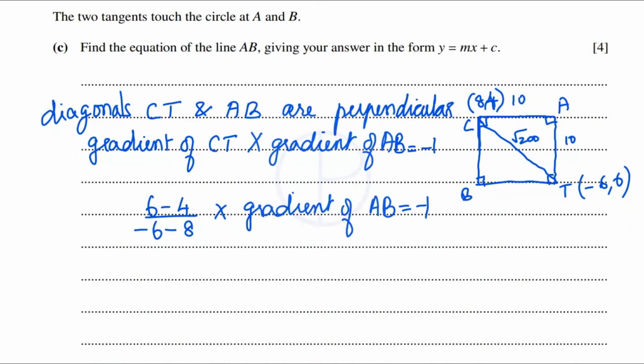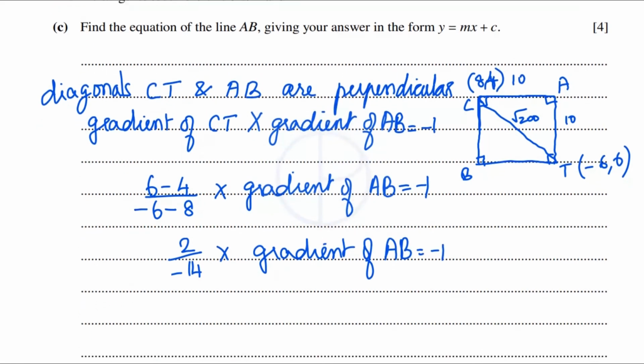So this is 2 divided by -14, multiplied by the gradient of AB, equal to -1. Now we need to find the gradient of AB.